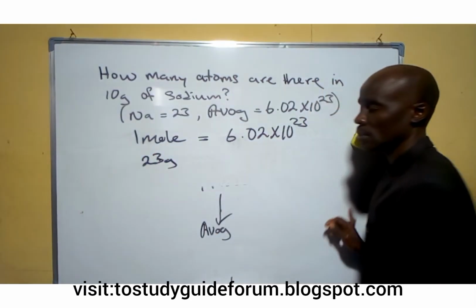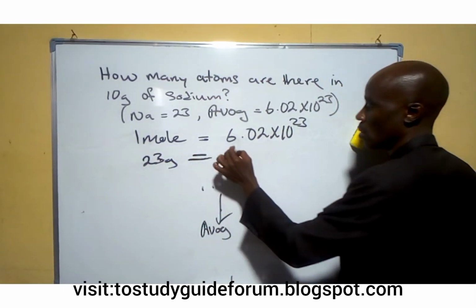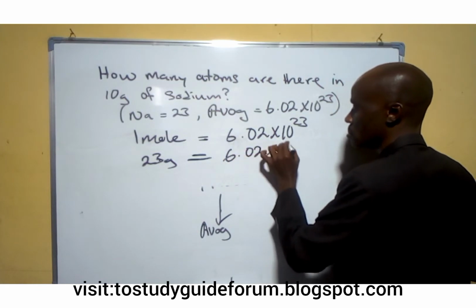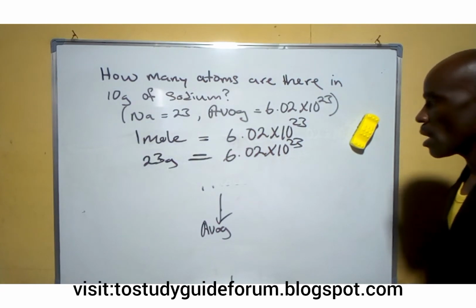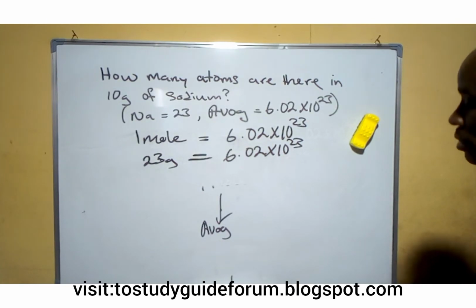23 grams, that is the molar mass now, is also equal to 1 mole, and so equal to the same number of Avogadro's.